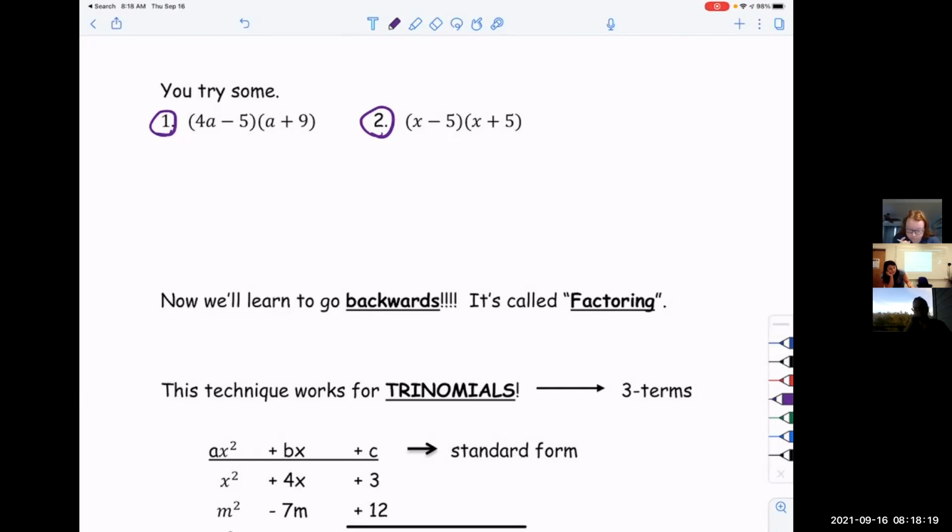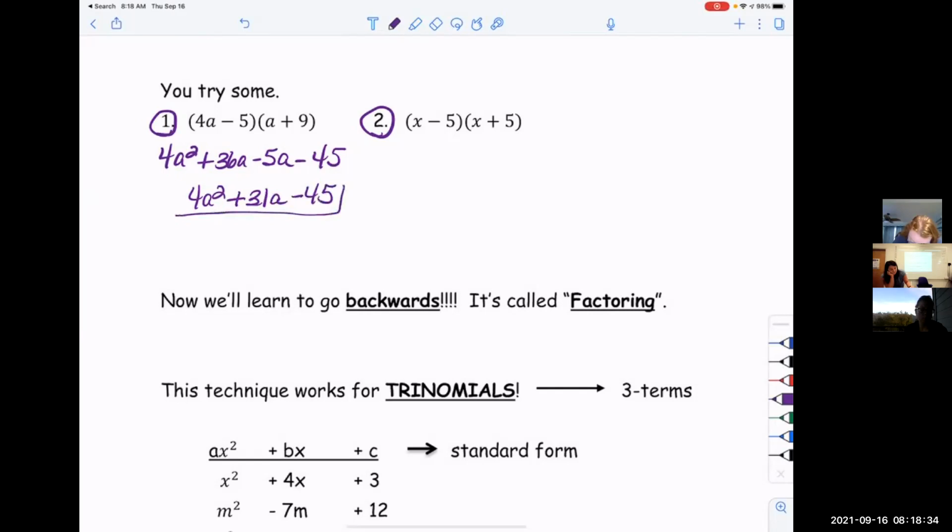I'm going to come behind you. Say it again. I did FOIL. FOIL works as long as it's 2 and 2, but watch.